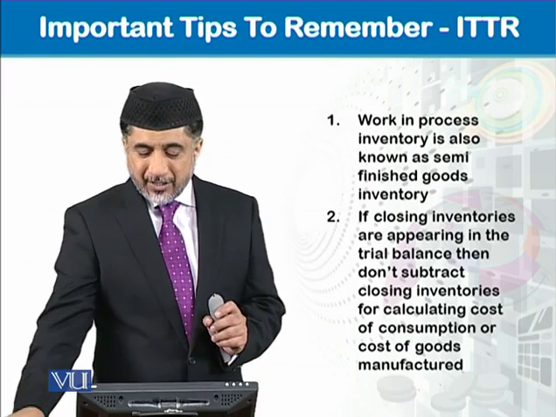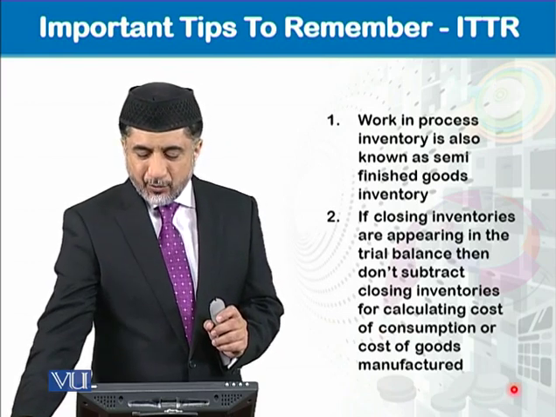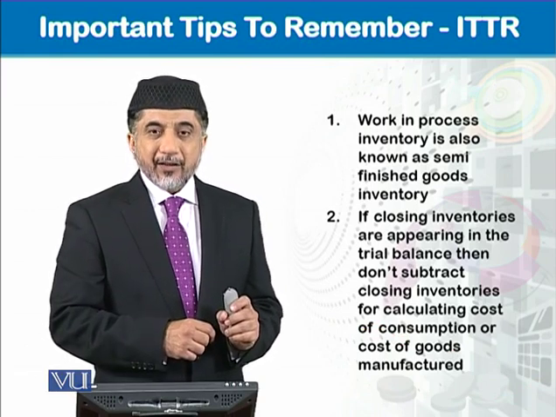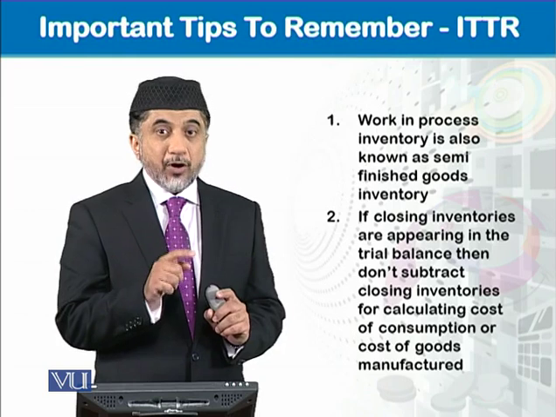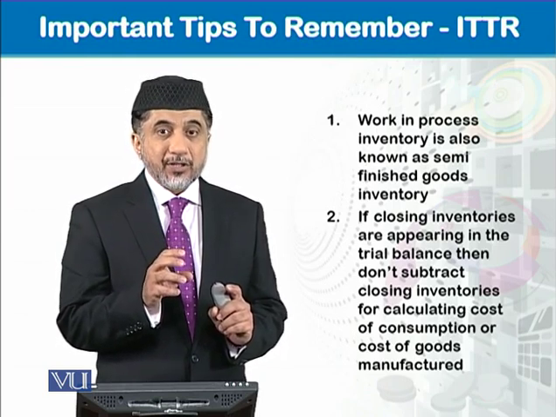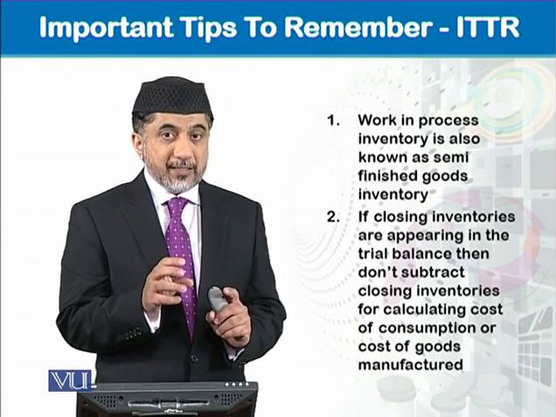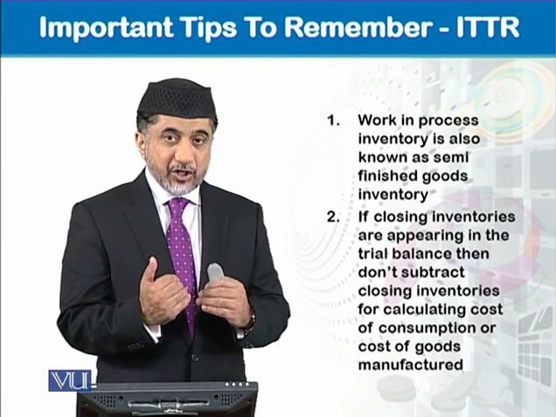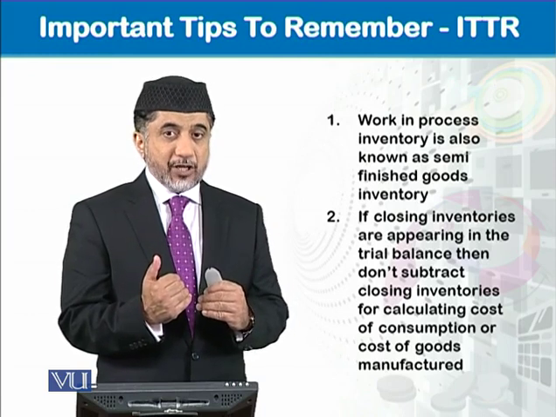Well, the next step is that if closing inventories are appearing in the trial balance, okay, closing inventories are appearing. Normally, closing inventories do not appear in the trial balance. These are given as additional information outside the trial balance.